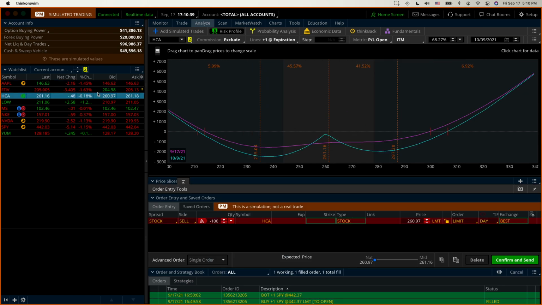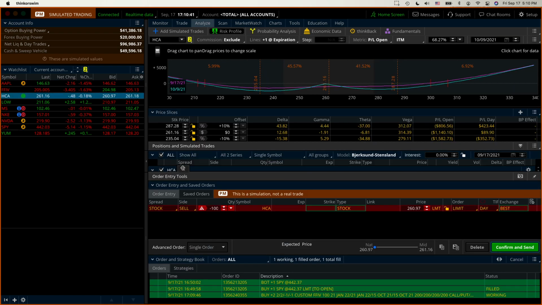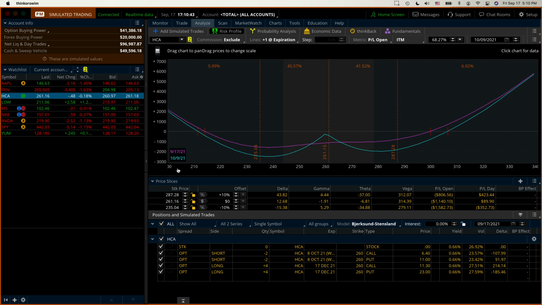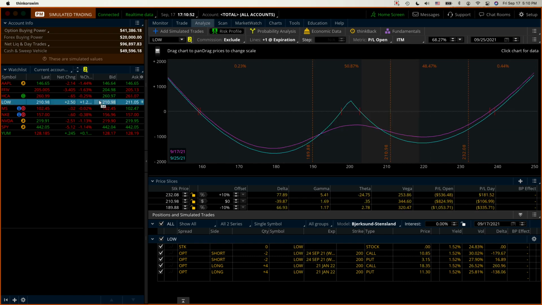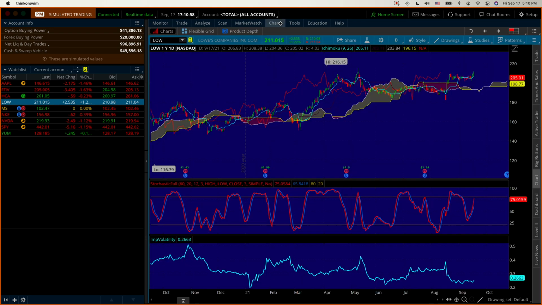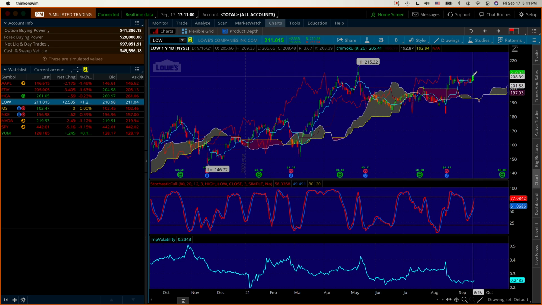Let's look at HCA. Okay, here October is the expiration, so that's still far back, so let's leave that alone. Lowe's. Okay, Lowe's is going strong today. It looks like it's going to break out to a new high.